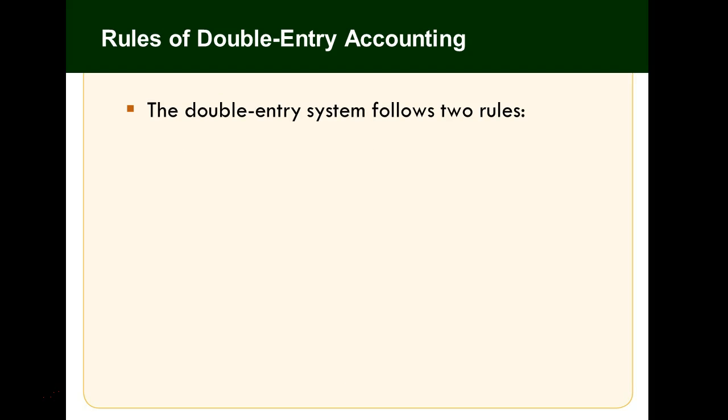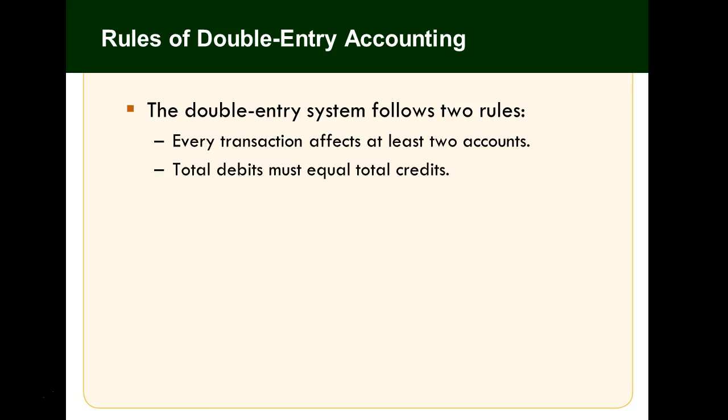The double entry system we talked about shows every single transaction we're going to do is going to have a minimum of two accounts. And whatever we debit, our totals for our debits are going to need to equal our totals for our credits.